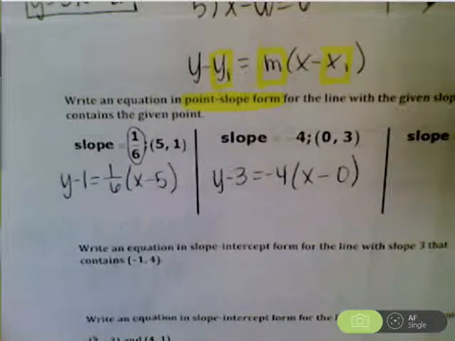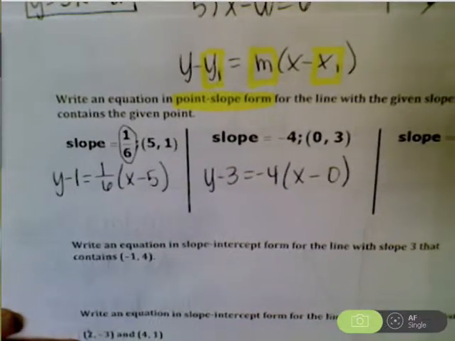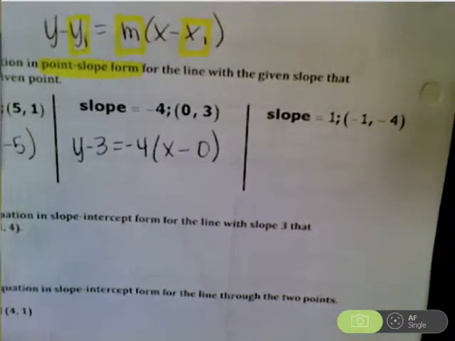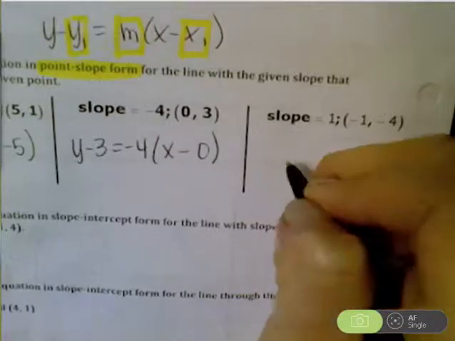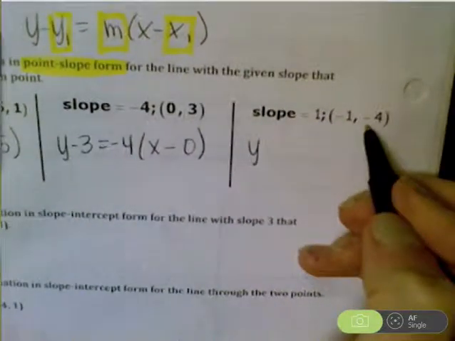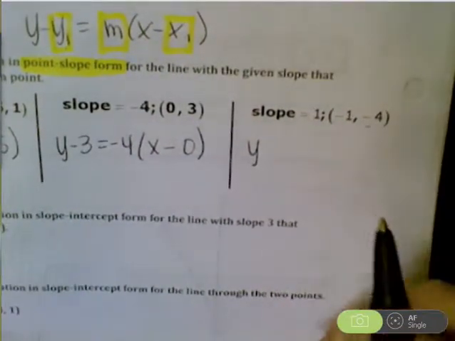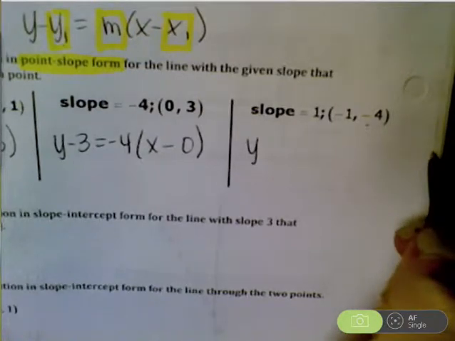You want to do the last one? Yeah. Okay. y minus 4 equals 1. Careful, because it's -4. So what's y minus -4? Plus.